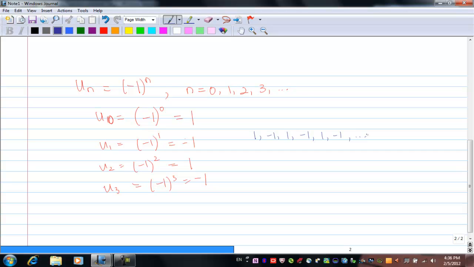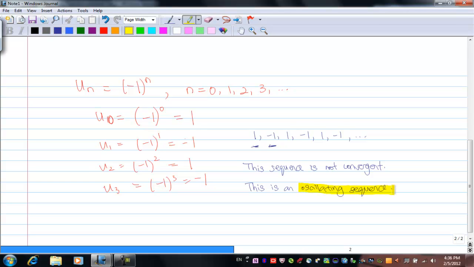I cannot tell. So in this case, this sequence is not convergent. And because we see that it oscillates between two values, 1 and minus 1, we say that this is an oscillating sequence. Please take this down because this example is not in your notes, and you are expected to know the term oscillating sequence.